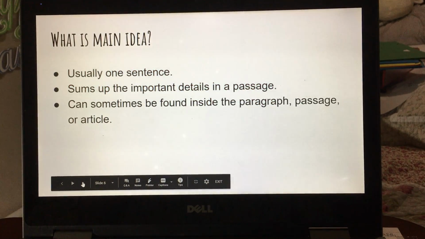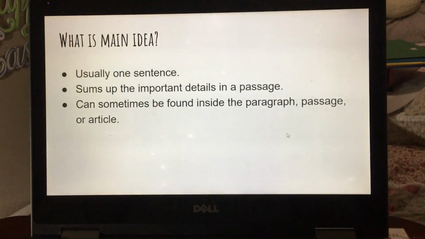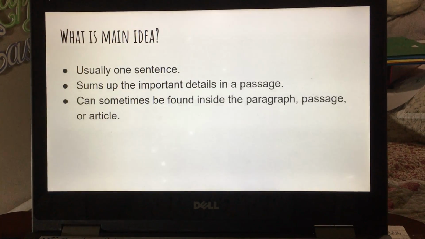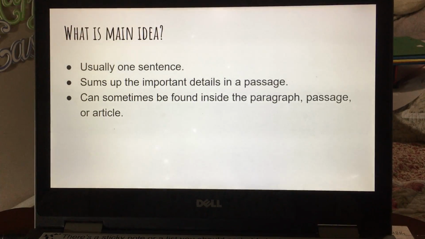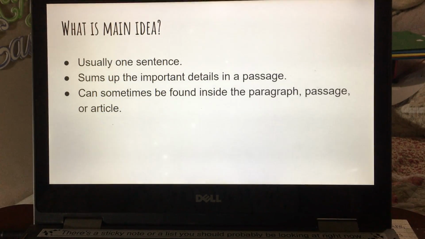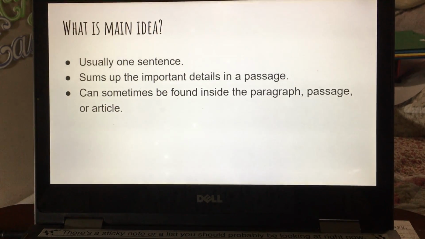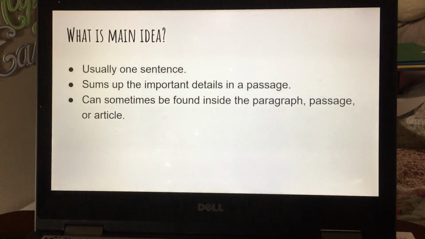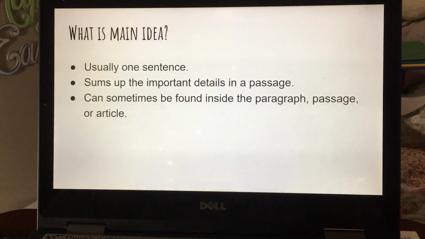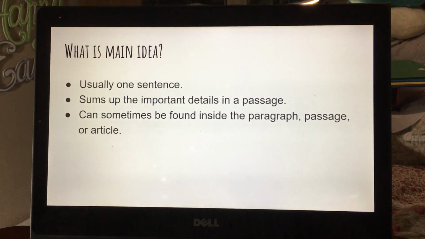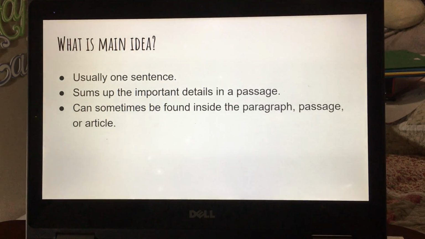Okay, I'll go on. What is main idea? The main idea is usually one sentence. It sums up the important details in a passage or a paragraph or a chapter, and it can sometimes be found inside the paragraph or passage or article. What you'll read in your NTI work is a short passage about pyramids, I believe.